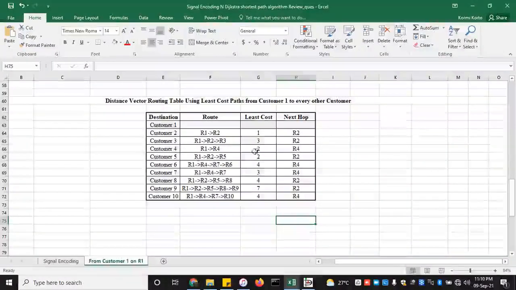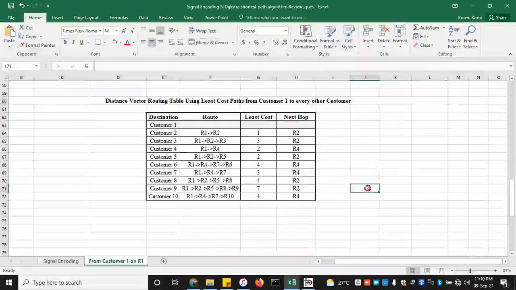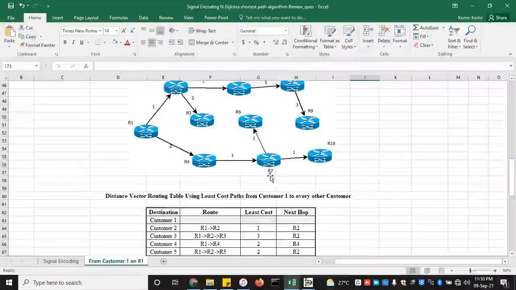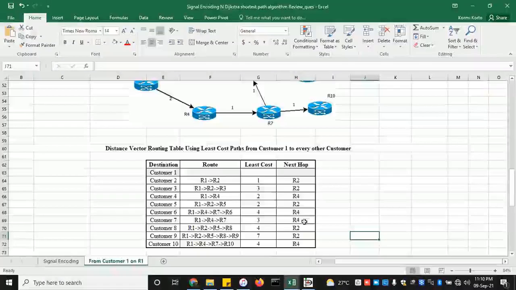So this would be a tabulated least cost distance vector routing table. So you have your routes that correspond with their least cost, and then the next hop involved.